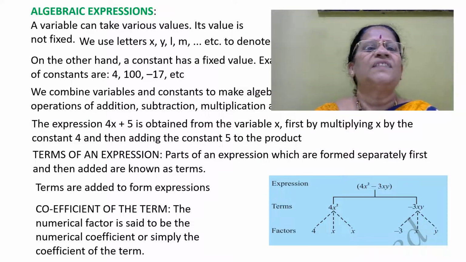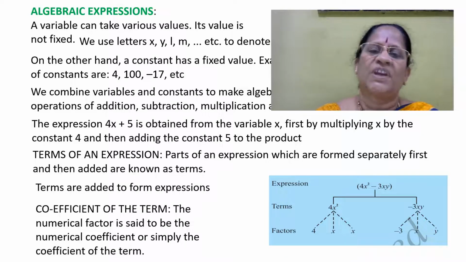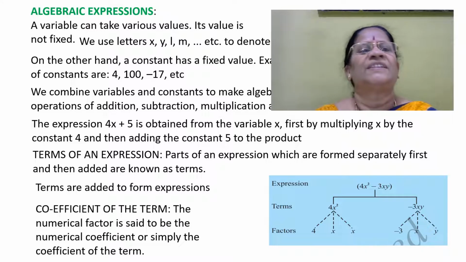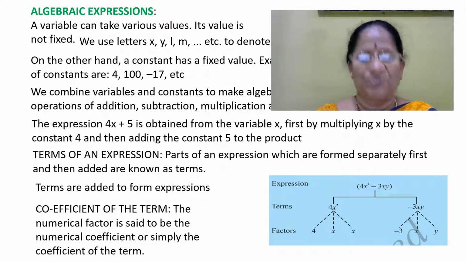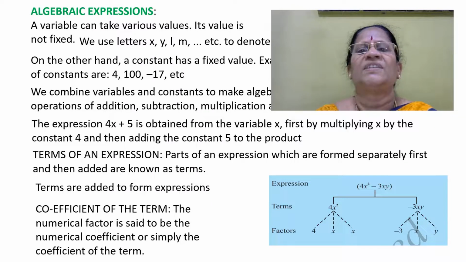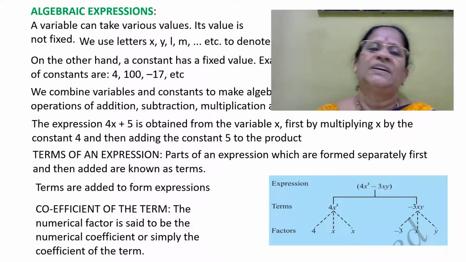First is algebraic expressions. So you know about variables and constants, right? The word variable gives you the meaning: which varies. It is an entity which can take various values. That means its value is not fixed, right? We use English alphabets for denoting the variables.